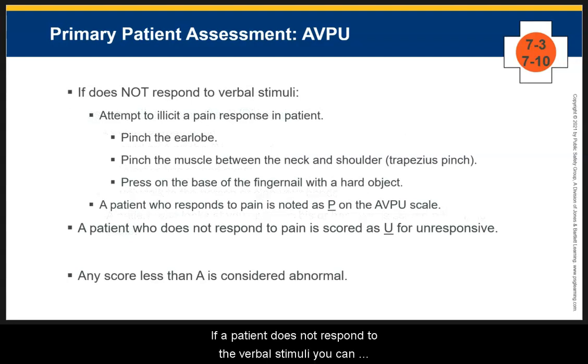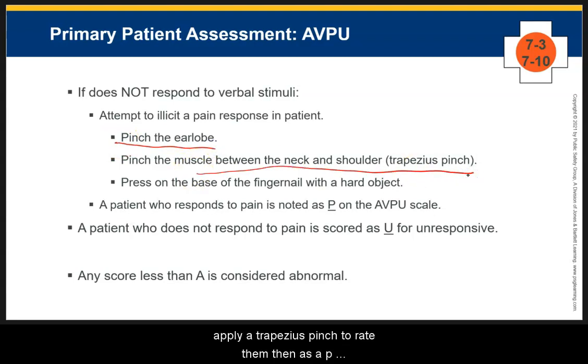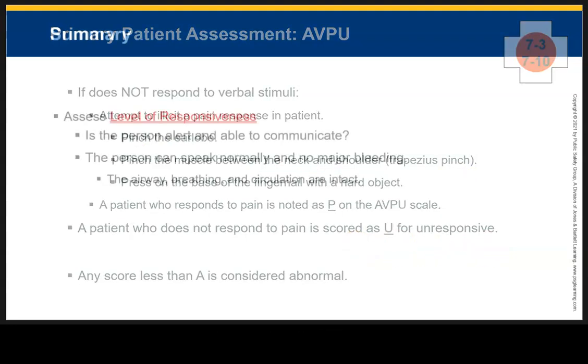If a patient does not respond to verbal stimuli, you can pinch the earlobe or apply a trapezius pinch to rate them then as a P. Anything less than that is going to be unresponsive.